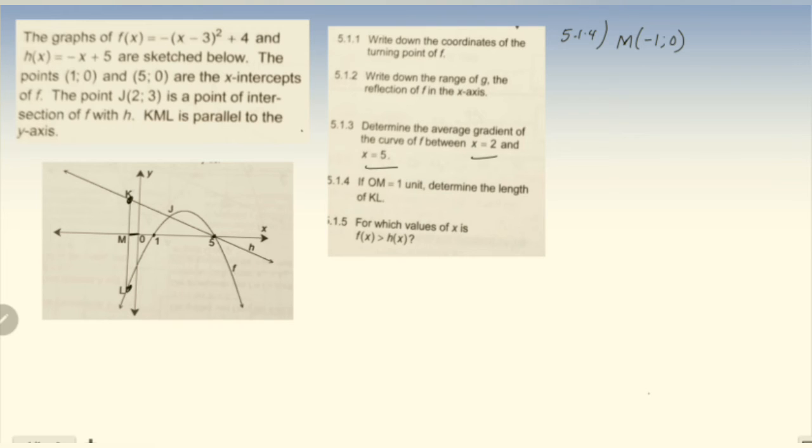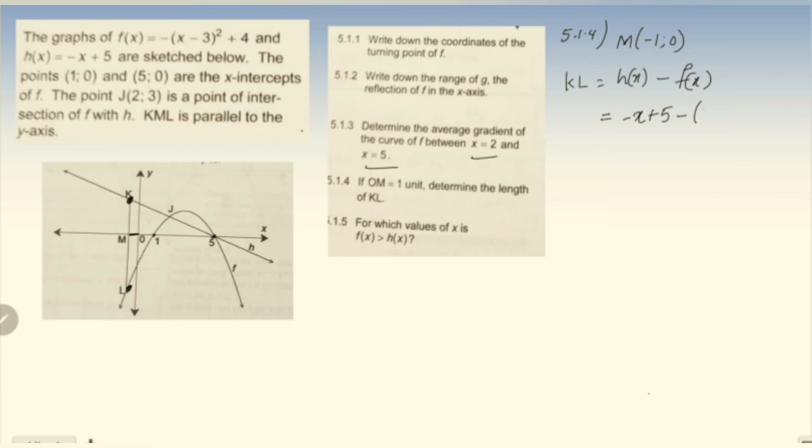Since the y values are not given, we are using the equations of the graphs. That is, K is on the straight line and L is on the parabola. So KL is going to be h of x, the equation of the straight line, minus the equation of the parabola, that is f of x. That is KL. We can get an expression in terms of x for KL. So h of x is minus x plus 5, minus f of x.